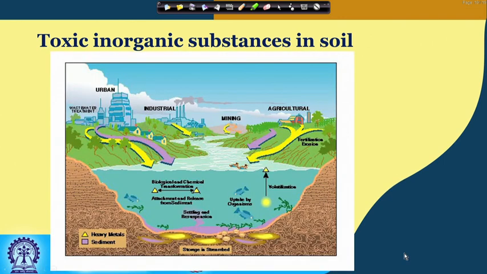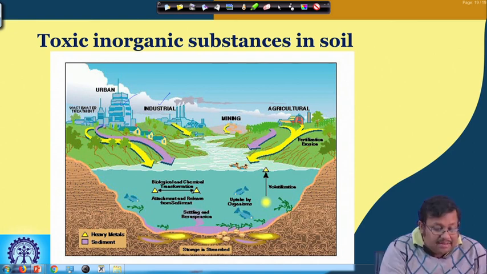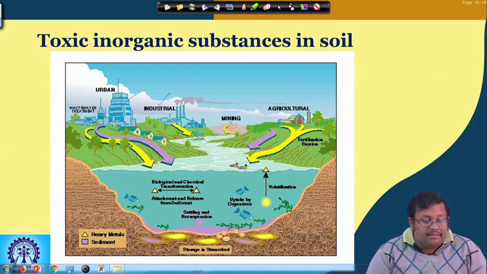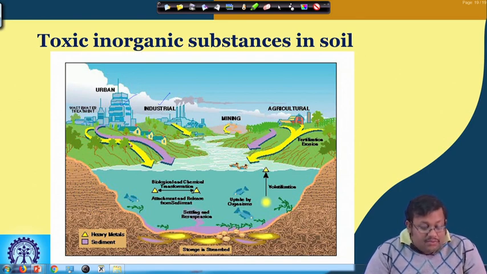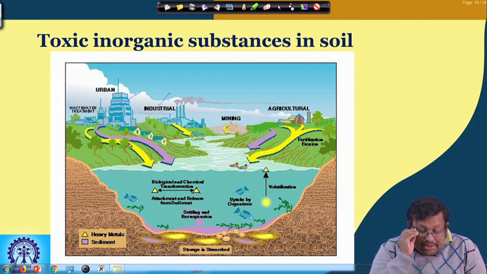So you can see how these toxic inorganic substances move from the soil through the water in the environment. Obviously there are different sources, like industrial sources and urban sources. You can see the sediments are coming from different wastewater treatment plants, and the heavy metals are coming from industrial effluents, as well as from urban wastewater and other sources.